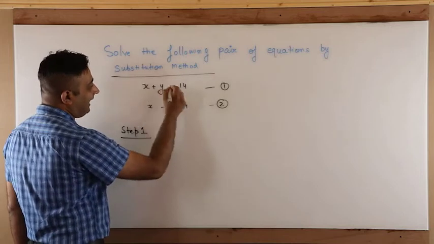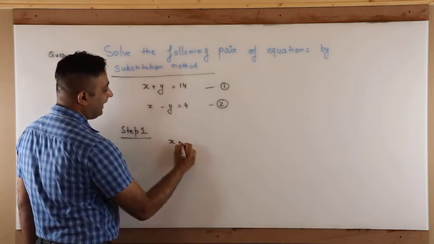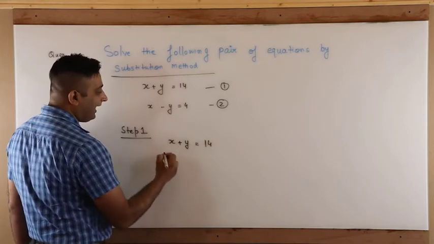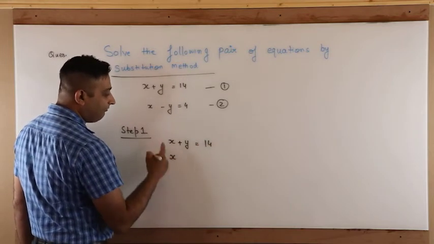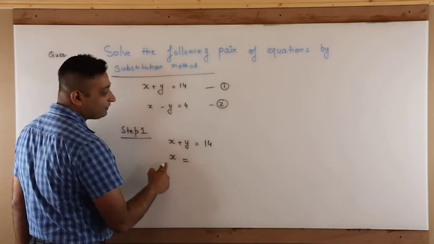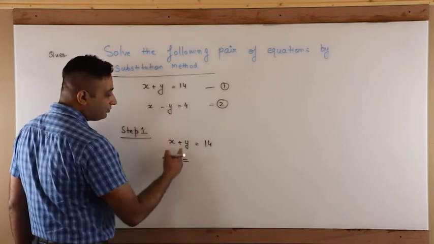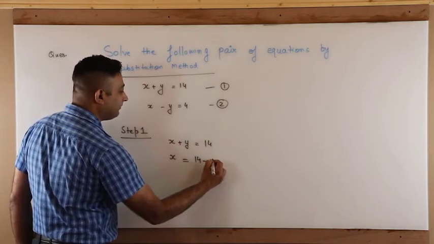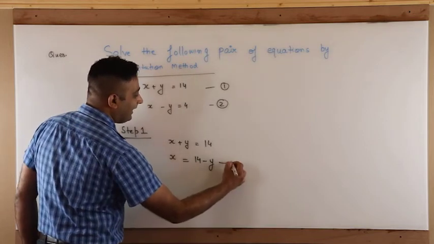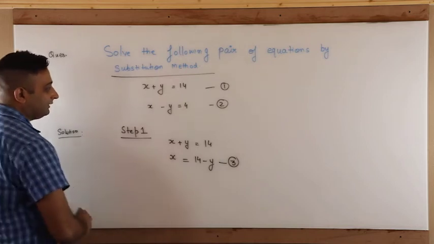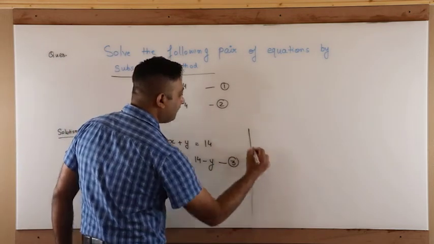We can take any of these equations, say x plus y equal to 14, and find one variable in terms of another. So we can find x or we can find y. We are now finding x in terms of the other variable, that is y, and name this equation number 3.